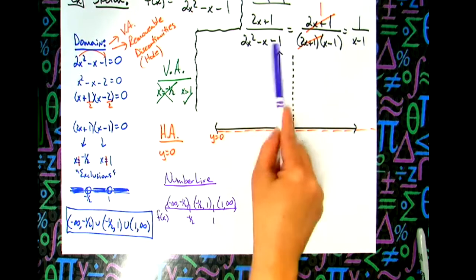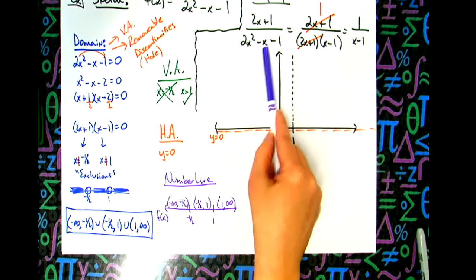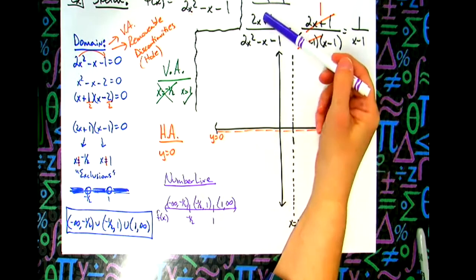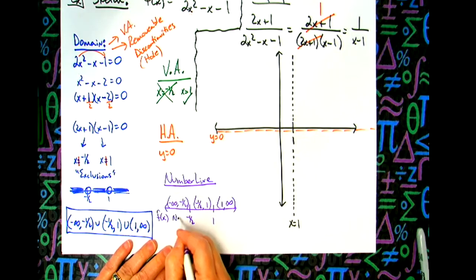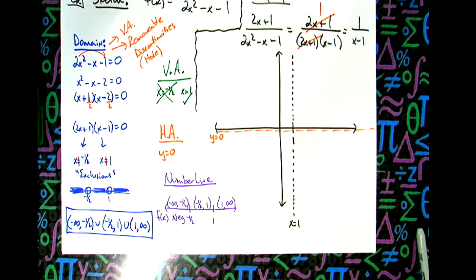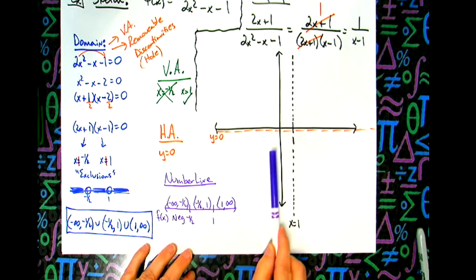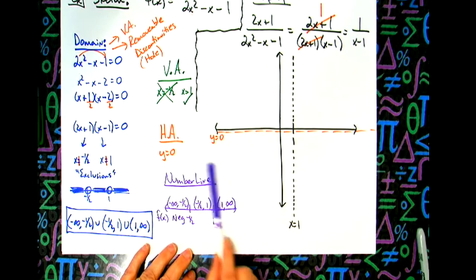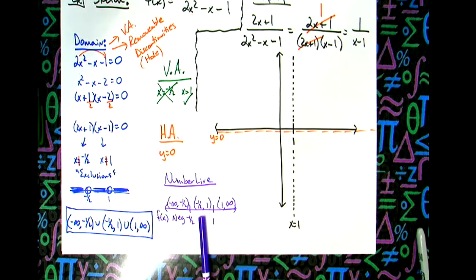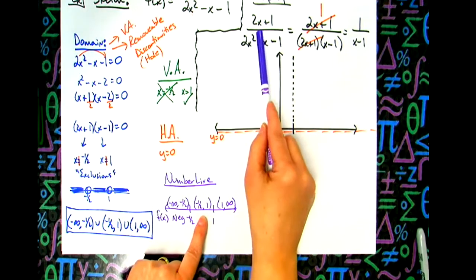So this bottom's positive. So I can go, oh, this is negative divided by positive. That means every number in this interval is going to be negative, which means it's below the x-axis. So that verifies that between negative 1/2 and here, my swoopy has got to be down here.